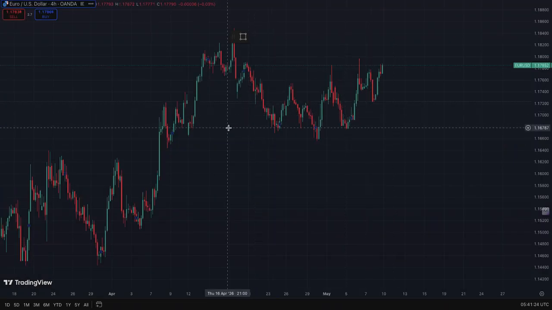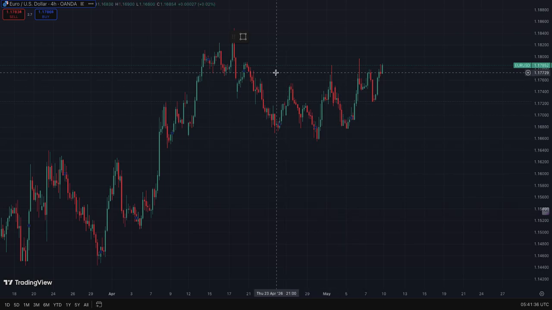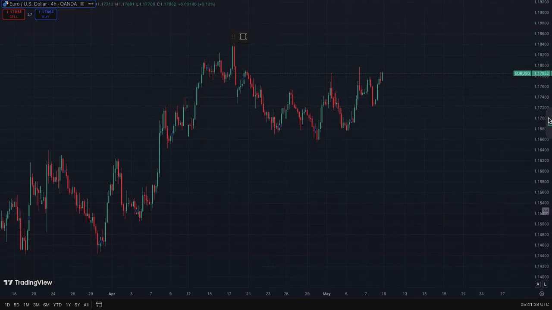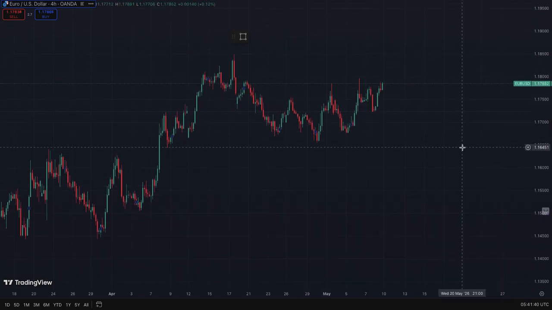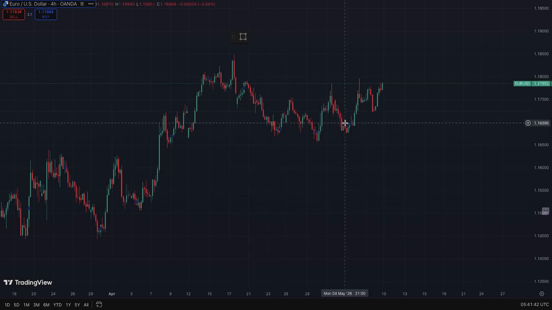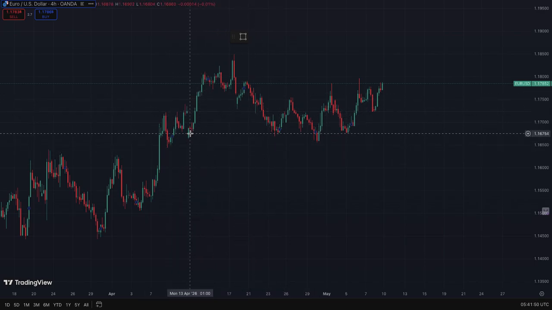This is the price of EURUSD. EURUSD correlates with DXY, the dollar index. We could see that EURUSD has been choppy, but the overall bias of EURUSD is also bullish. As long as this support structure here is not broken, EURUSD is bullish overall.